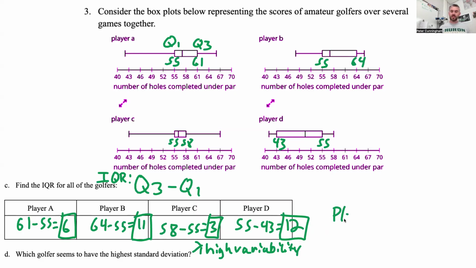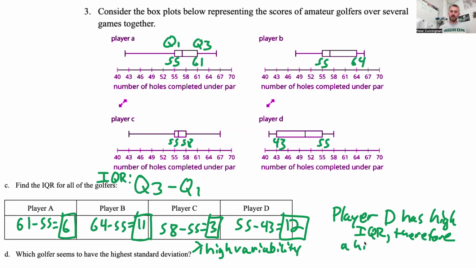So I would say player D has a high IQR. Therefore, a high standard deviation.